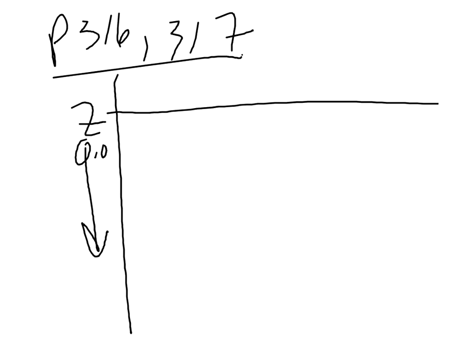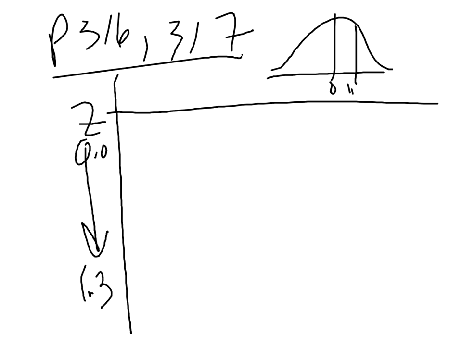And on page 317, that first example shows us where we have a z-value of 1.3. Here's 0. Here's 1.3. And we want to know the area associated with that. And as I'll explain in great detail, the way our charts work is the area to the left of that 1.3 is what's represented in the table.